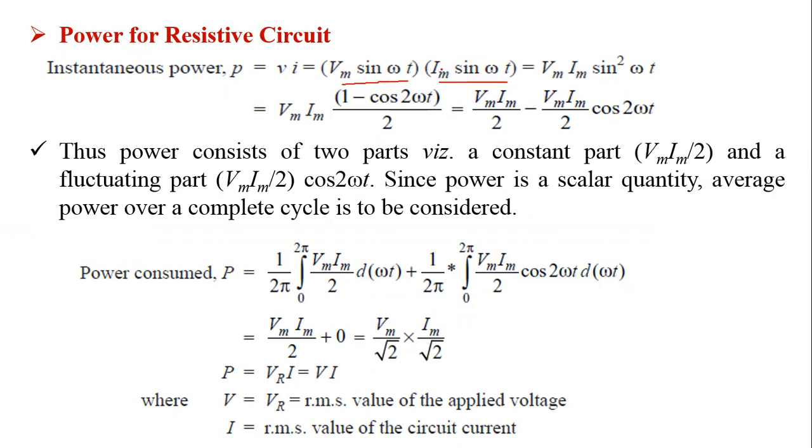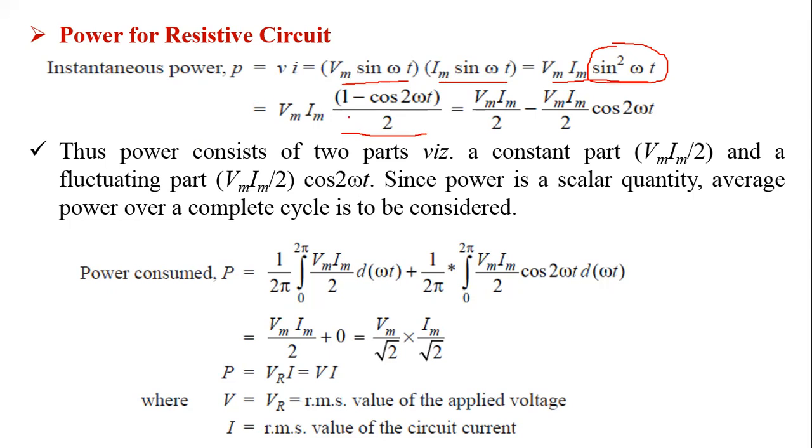So Vm into Im into sine square omega t. Can we write like this? Vm Im sine square omega t. Further, the sine square can be written as 1 minus cos 2 omega t by 2. Agree? 1 minus cos 2 omega t divided by 2.